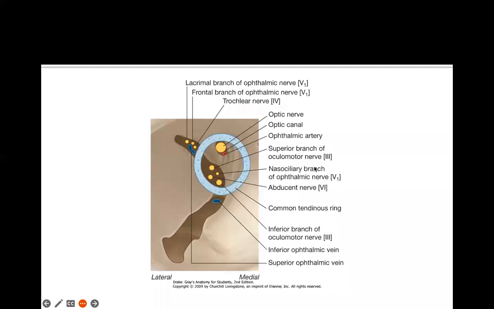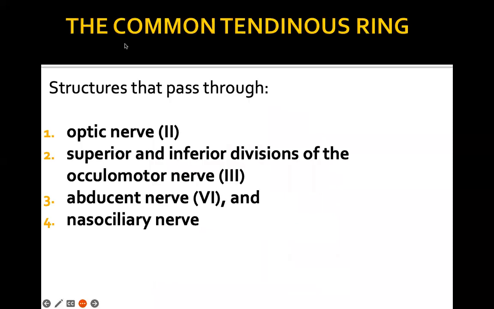Then you have the nasociliary branch, abducent nerve, inferior branch of the oculomotor. Okay, so note that. Structures that pass through the common tendinous ring have been listed here: optic nerve, superior and inferior divisions of oculomotor nerve, abducent, nasociliary. So this is just for emphasis. Okay, so know that.